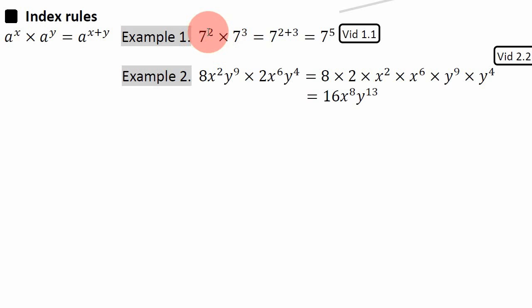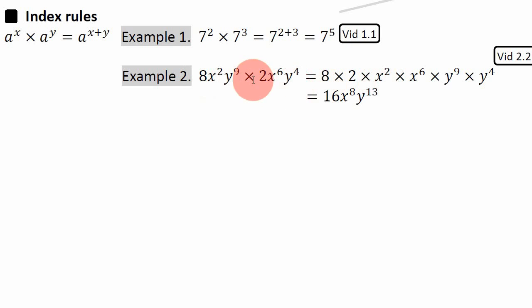So 7 to the power 2 times 7 to the power 3 is 7 to the power 2 plus 3. Very simple rule. When you multiply two things that have powers, you add the powers. So, as you can see, it's 7 to the power 2 plus 3, which is 7 to the power 5. Simple as that.